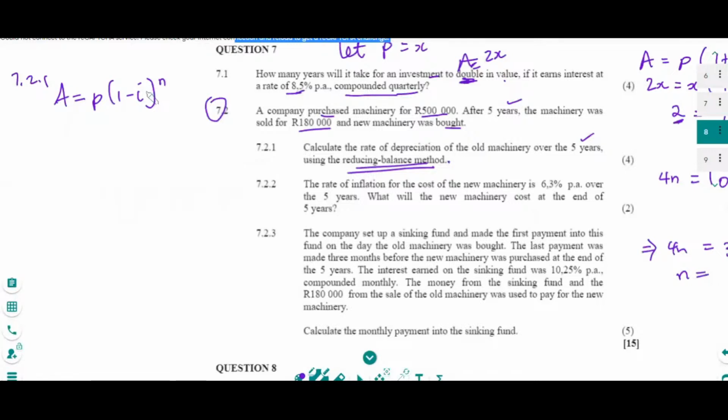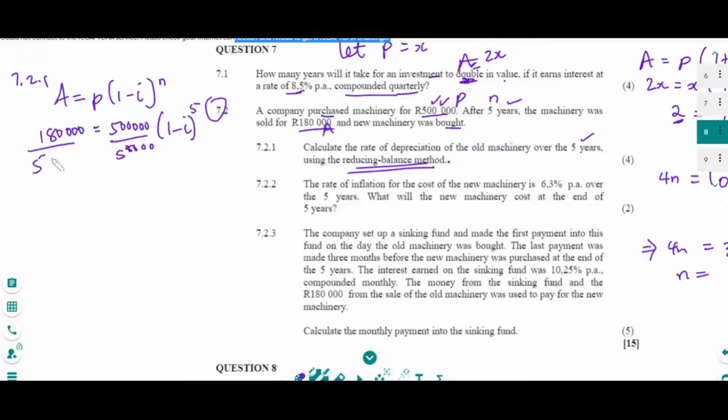So this 500,000 is the initial amount, it's going to represent our P, and this is our A, and then our n is 5. Let's substitute. So 180,000 is equal to 500,000 times (1 minus i, which we don't know) to the exponent of 5. Then we shall divide both sides by 500,000 because we want to get to the i.